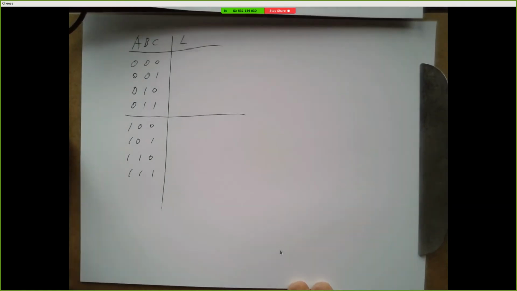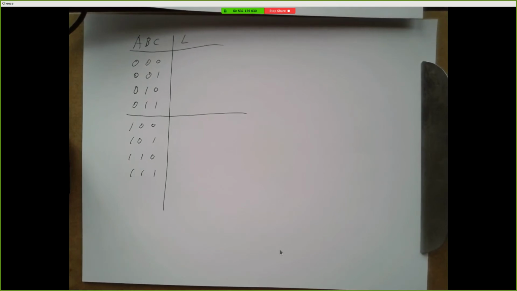Okay, we need a secret combination that we're going to code into the circuit that will unlock the system. So somebody give me your favorite 3-bit secret code. First one who speaks up gets to name it.